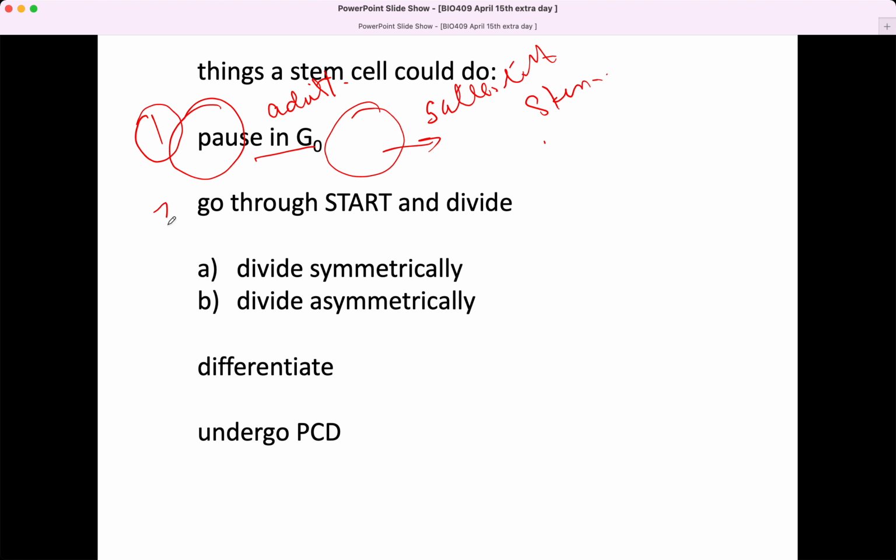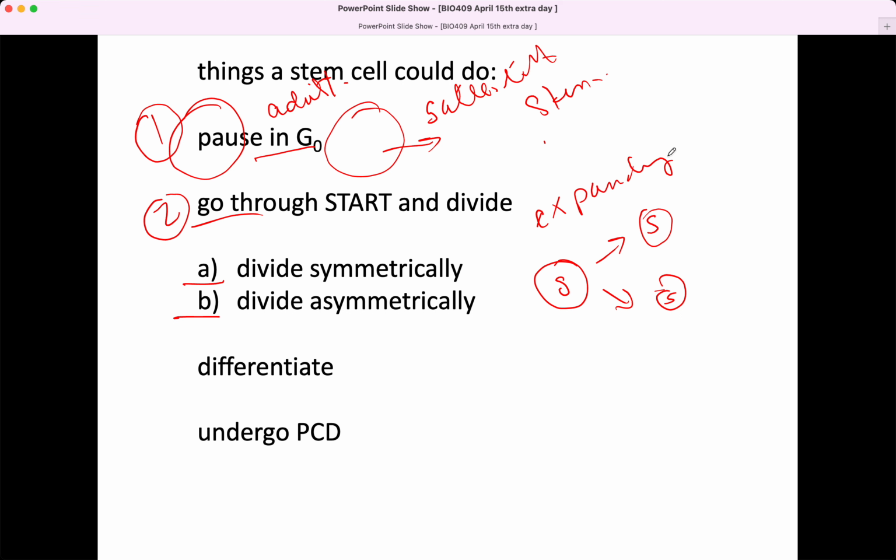Okay, the second thing is they can go through Start and divide. And when they divide, really there are two possibilities for stem cells. One is the stem cell can divide symmetrically, evenly, to make two stem cells. And when we're doing that, we're expanding the stem cell population, increasing the stem cell number.